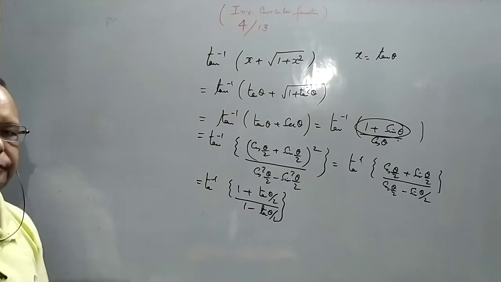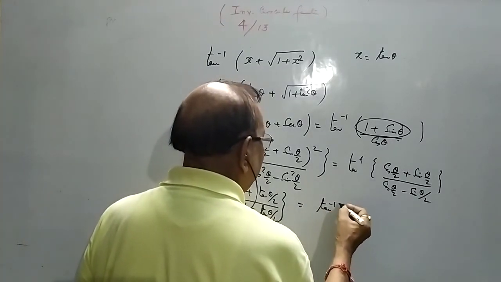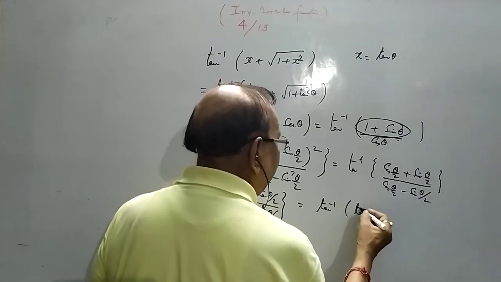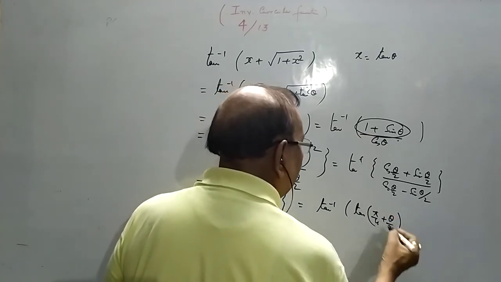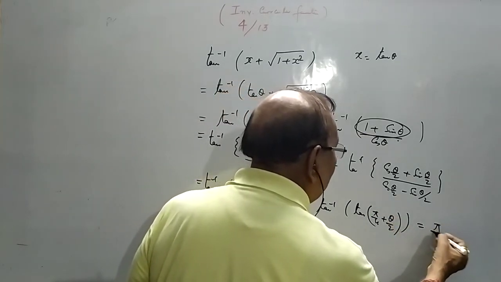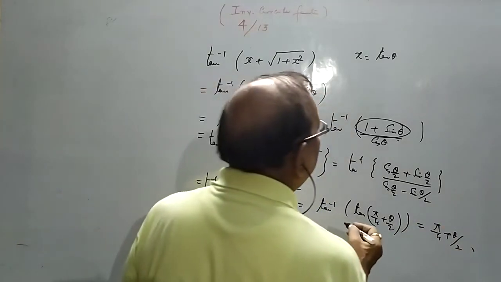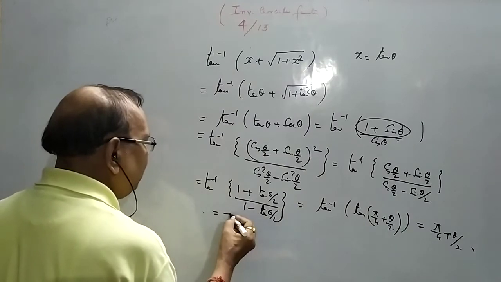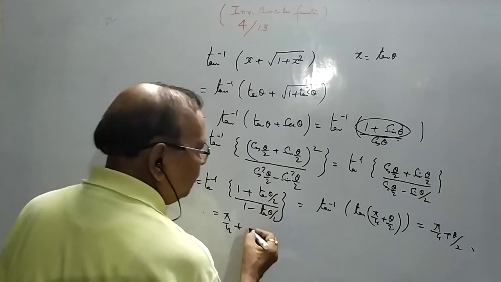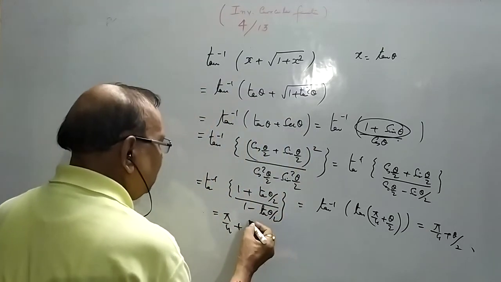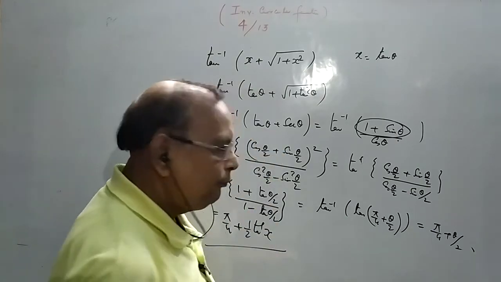That is equivalent to tan inverse tan pi by 4 plus theta by 2. That is equal to pi by 4 plus theta by 2, and again, that is equal to pi by 4 plus half tan inverse x.